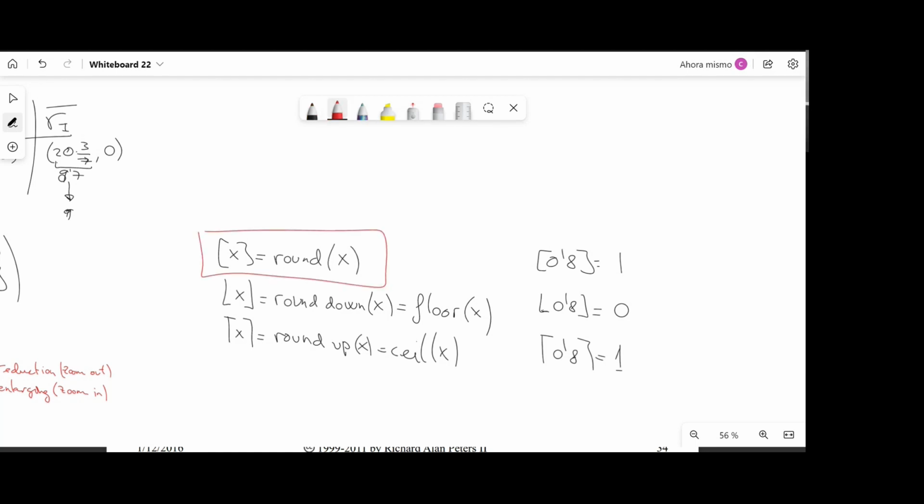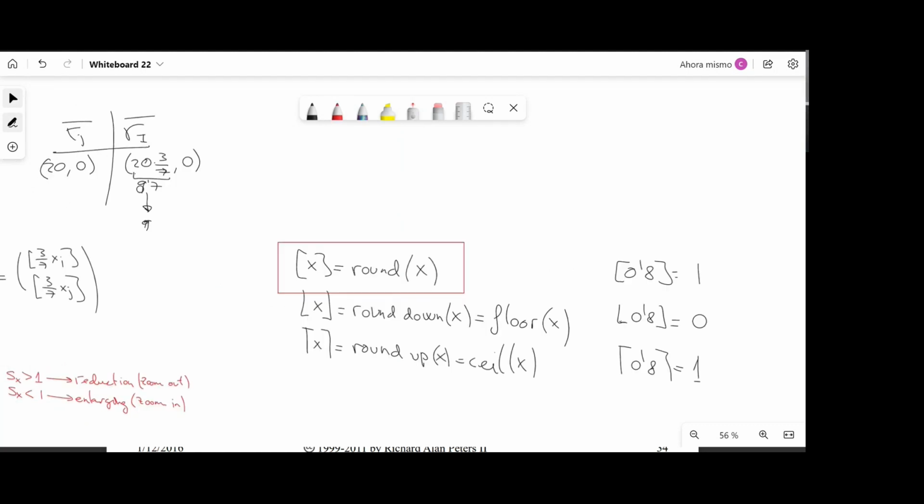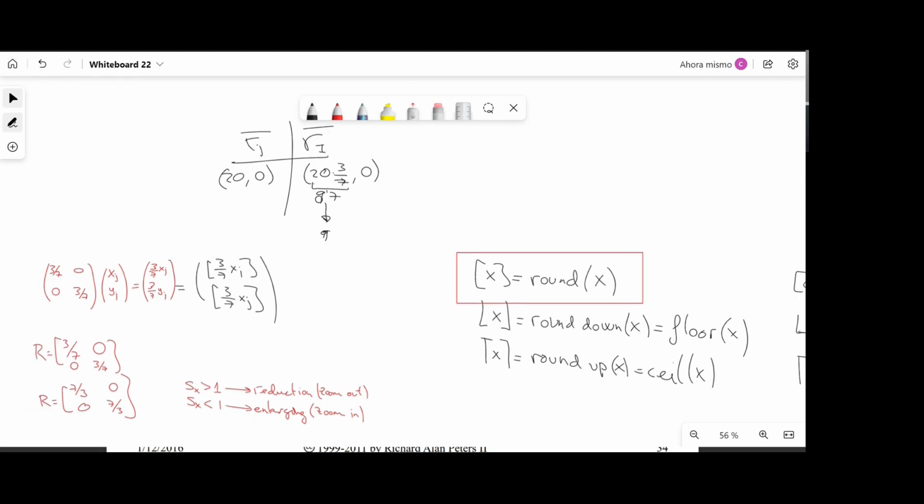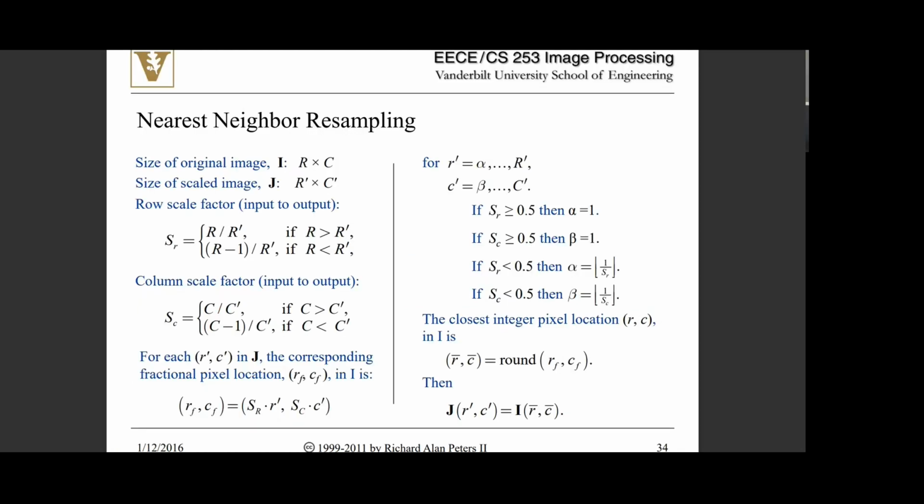So you take the coordinate and then you round. Okay, so what you have there. So you have the fractional coordinate, and then you have to copy from the I at the rounded coordinates.